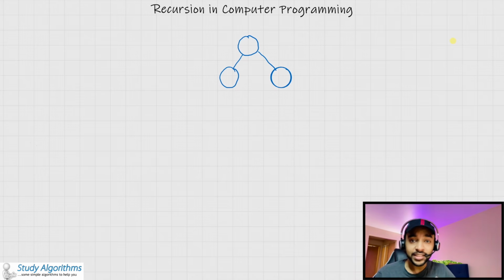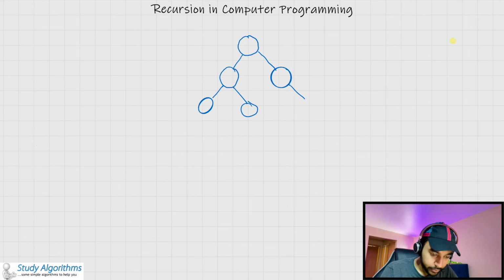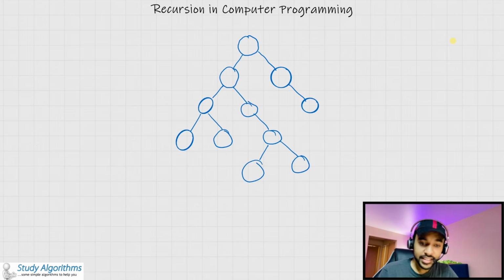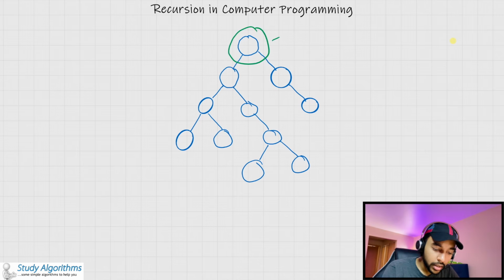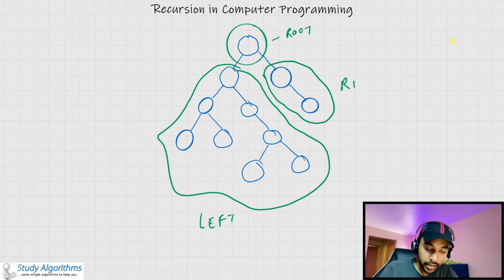Binary trees are especially famous for this. For instance, every tree would have a root, a left tree, and a right subtree. Now, if you take up a bigger tree, then still you would have a root, you would have an entire left tree, and you would have an entire right tree.